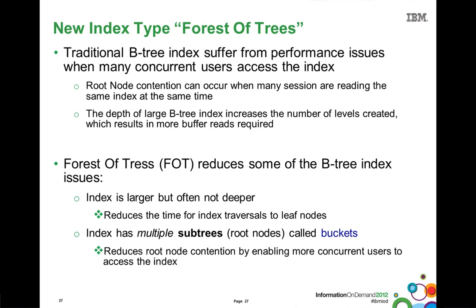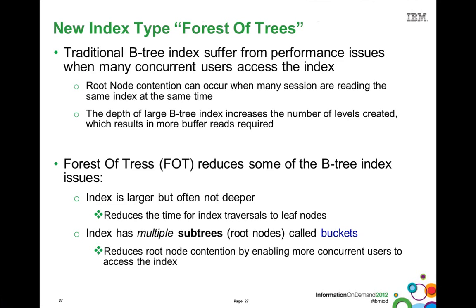So the index will have many small subtrees and many root nodes. This is there to, one, reduce the depth of the index and also to reduce the contention on the root node when you have lots of concurrent access to that index.